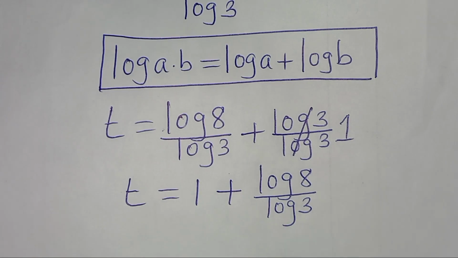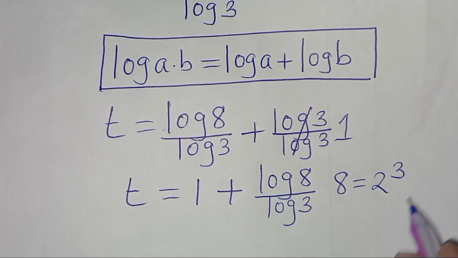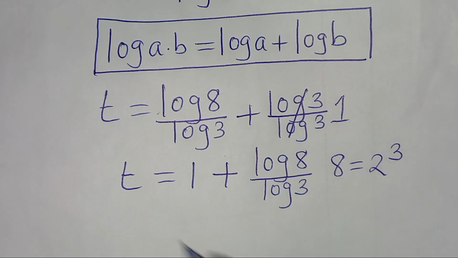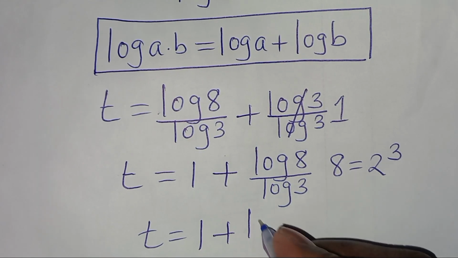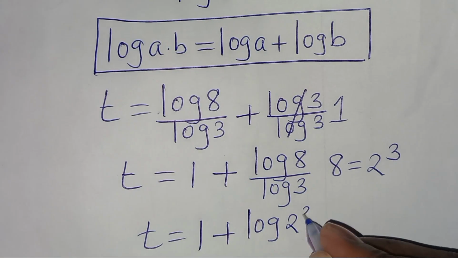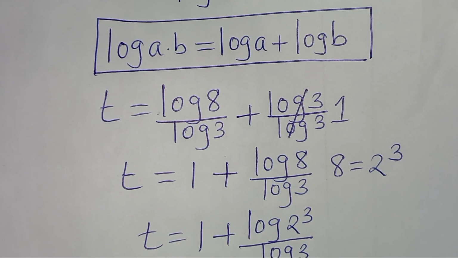Now from here, we can express 8 as 2^3. Let's substitute this so that now we have t equal to 1 plus log 2^3 divided by log 3.